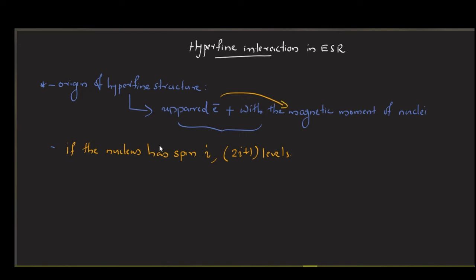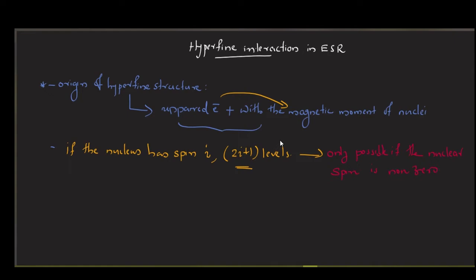Like the electron, the nucleus has spin. If the nucleus has a non-zero spin I, then the ESR spectral line will split up into 2I plus 1 levels, and this hyperfine interaction is only possible if the nuclear spin is non-zero.